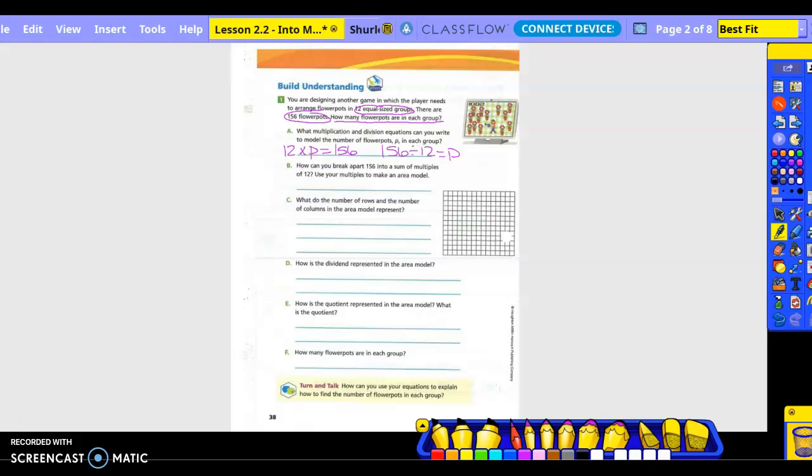Okay, so same thing, basically we just put it in a little different order. Letter B, how can you break apart 156 into a sum of multiples of 12? Use your multiples to make an area model. So we know 156, and then 12. They wanted us to go ahead and break that apart. So we can go down 12, right?